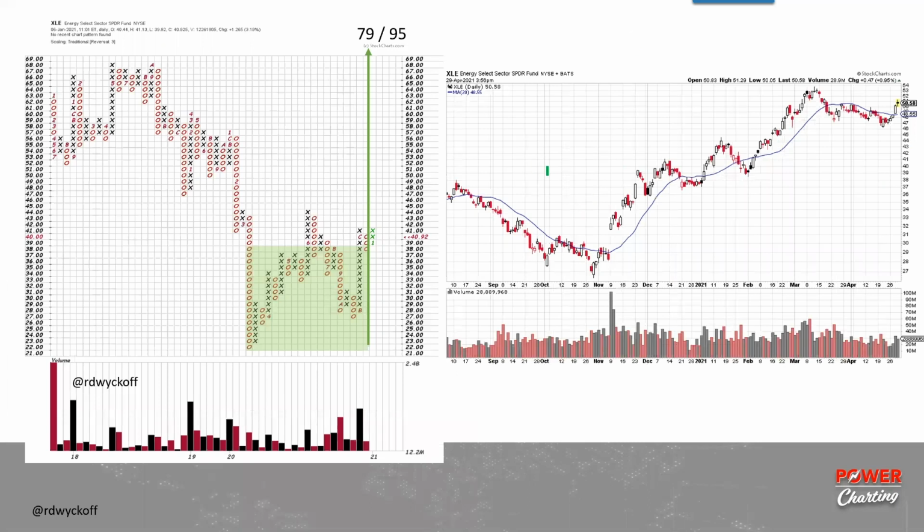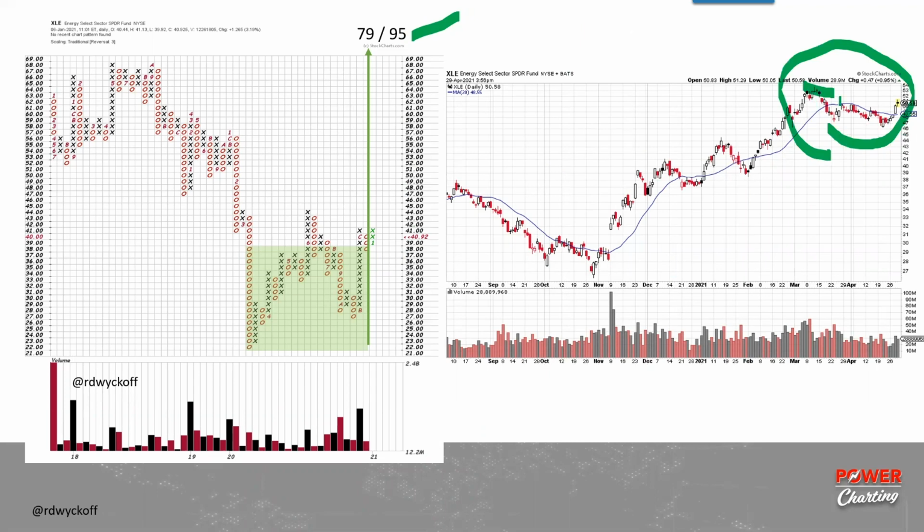So here is just an example. This is XLE. This is the energy complex sector fund on the left with a point and figure count. This was done on January 6th of this year, counts up to 79 to 95. Well, here you can see that a rally up to the 53 area produced a pause. And this pause looks like a reaccumulation.